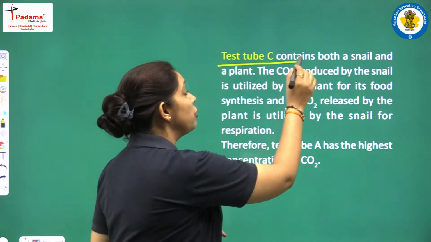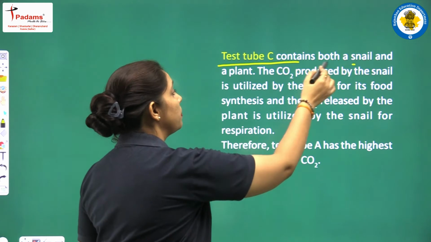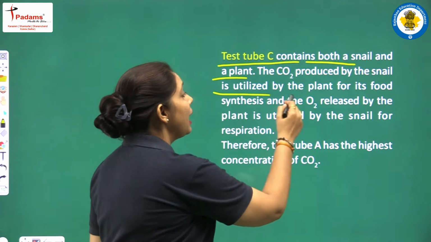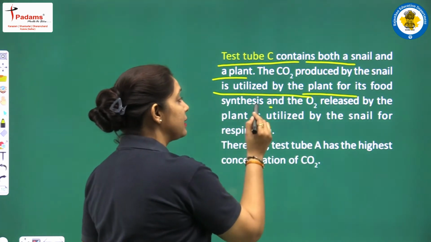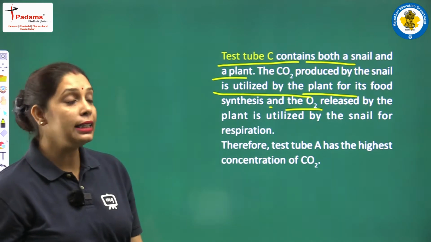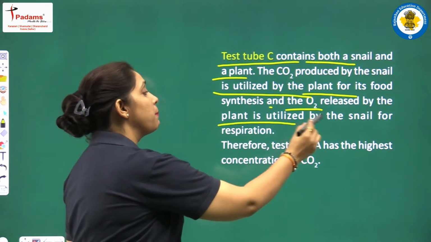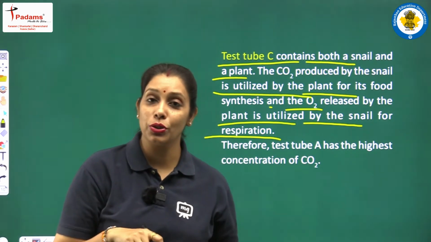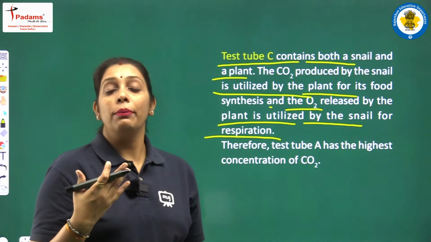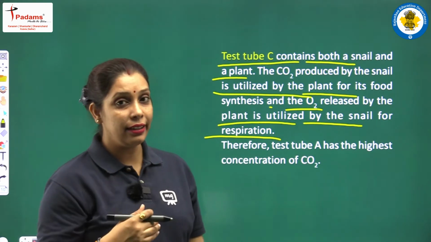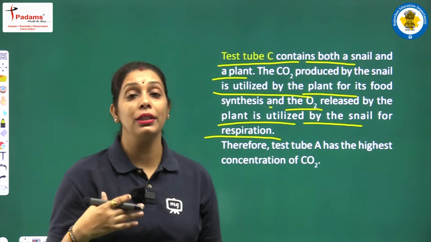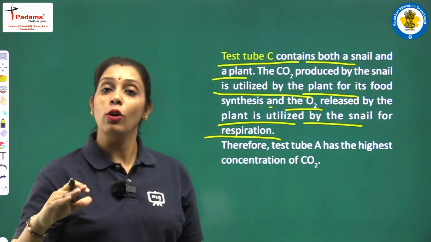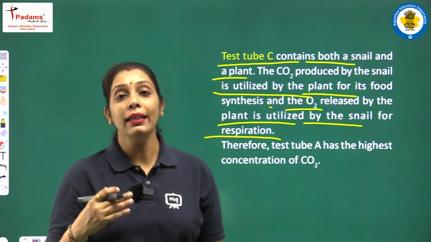Here in test tube C, which contains a snail and a water plant, the CO2 produced by snail is utilized by the plant for its food synthesis, and oxygen released by plant is utilized by snail for respiration. यहाँ पर तो equilibrium condition हो जाती है. स्नेल जो कार्बन डाइऑक्साइड रिलीज कर रहा है और ऑक्सीजन ले रहा है, that released CO2 will be utilized by plant for the food synthesis, and again plant will release oxygen which will be consumed by snail.